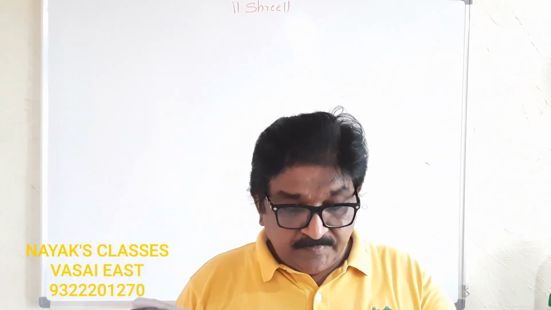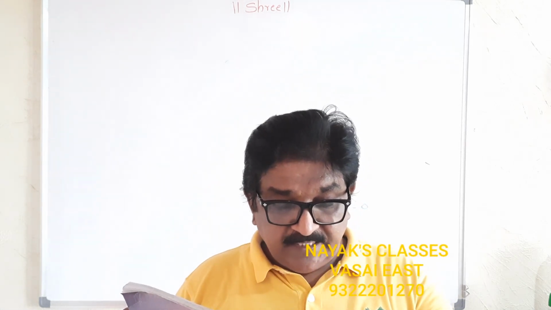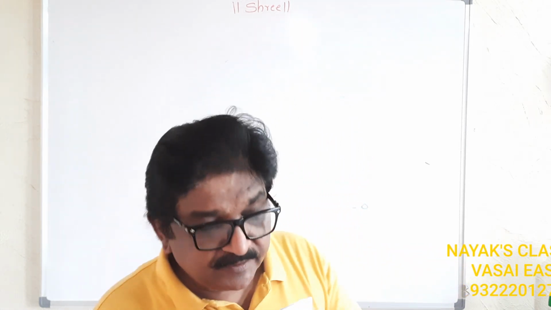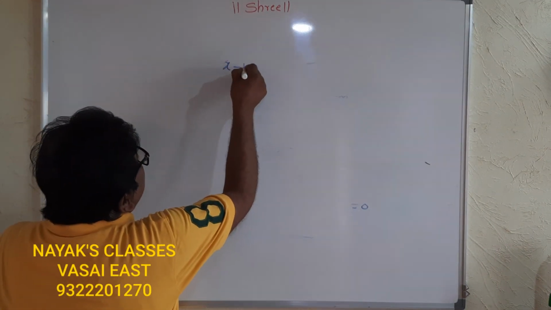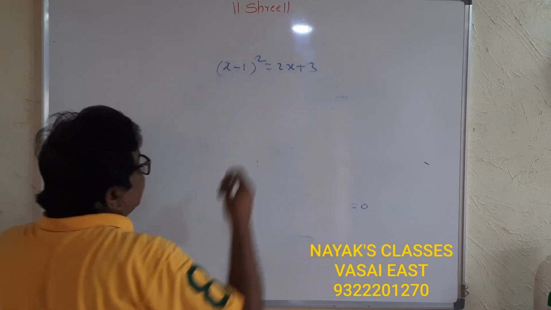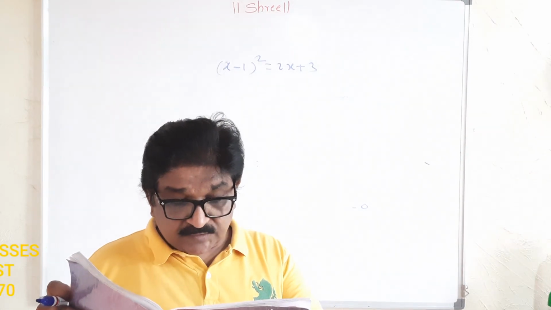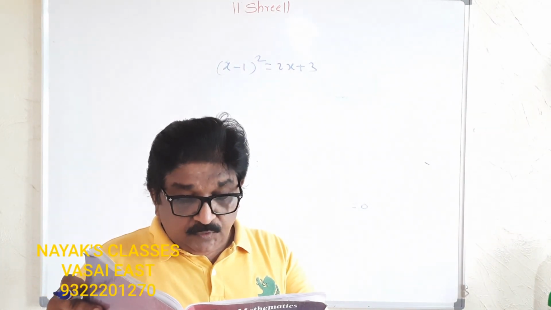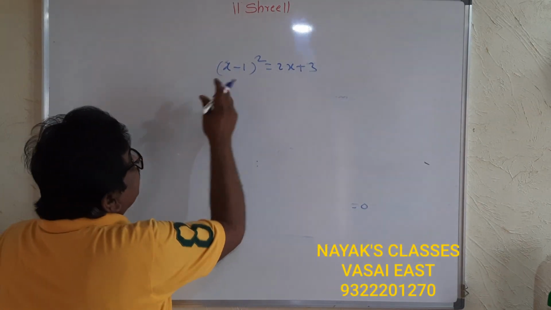Next one is x minus 1 the whole square is equal to 2x plus 3. So let us see what happens. You all know this is an identity.